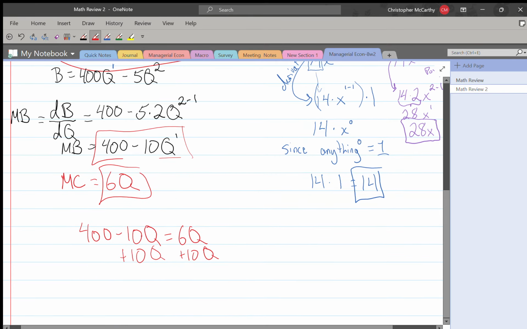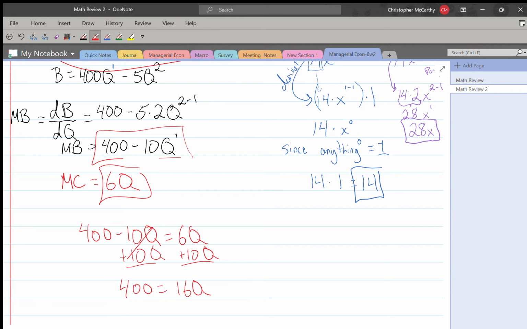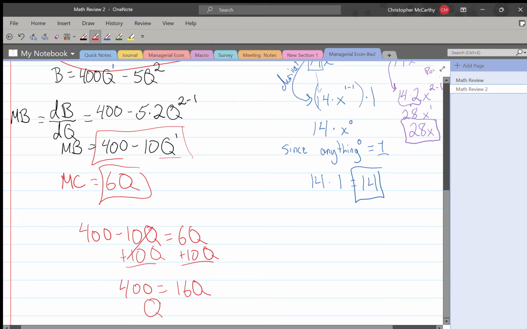That's going to annihilate the 10q over here. We're going to end up with 400 is equal to 16q, and then q is equal to 25. So our optimal q here will be 25 units.